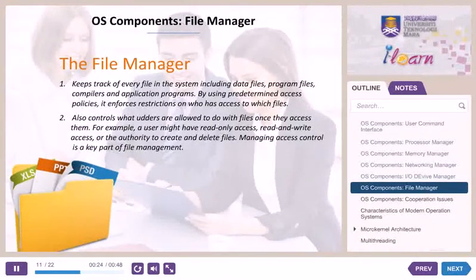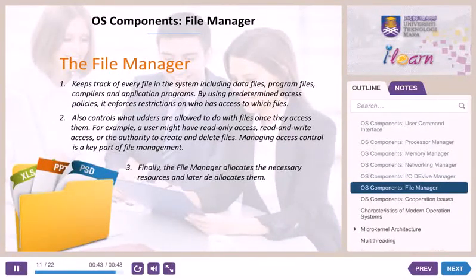It also controls what others are allowed to do with files once they access them. For example, a user might have read-only access, read and write access, or the authority to create and delete files. Managing access control is a key part of file management. Finally, the file manager allocates the necessary resources and later deallocates them.